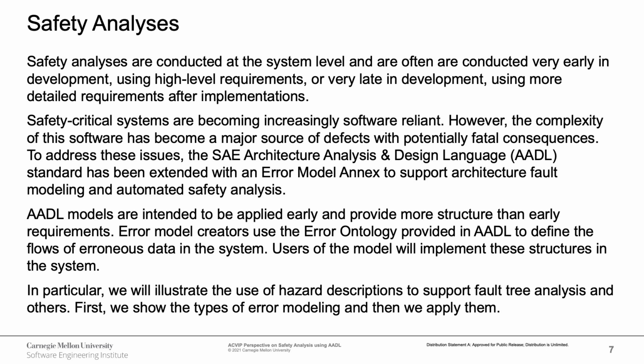Error model creators use the error ontology provided in AADL to define the flows of erroneous data in the system. Users of the model will implement these structures in the system. In particular, we will illustrate the use of hazard descriptions to support fault tree analysis and others. First, we show the types of error modeling and then apply them.